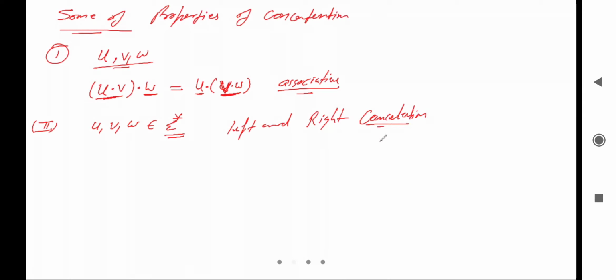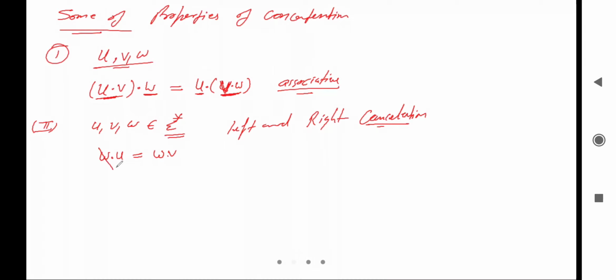So what is a left and a right cancellation? Let's see. If W concatenating U is equal to W concatenating V, then here we can apply the left cancellation.